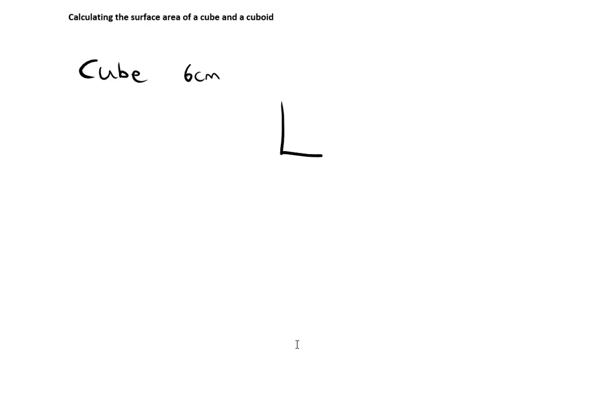So a cube obviously is just a collection of squares. And because it's a collection of squares, once we know one of the lengths, which is 6 centimeters, then we know that all of the lines in the square are going to be 6 centimeters.